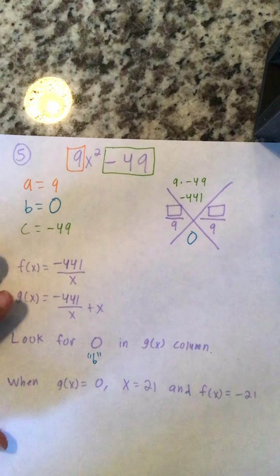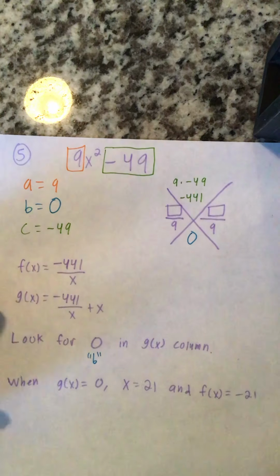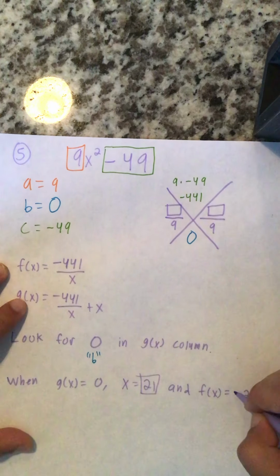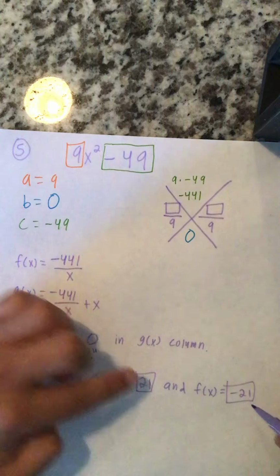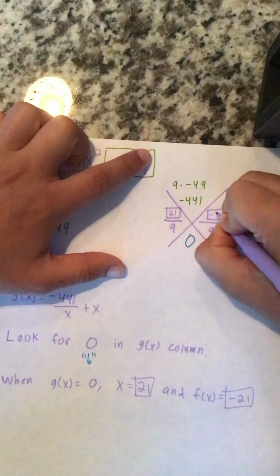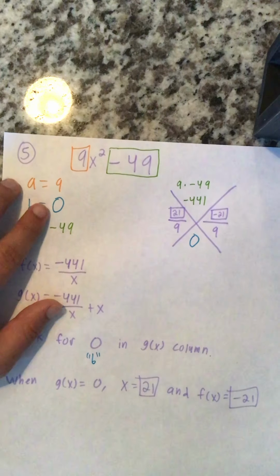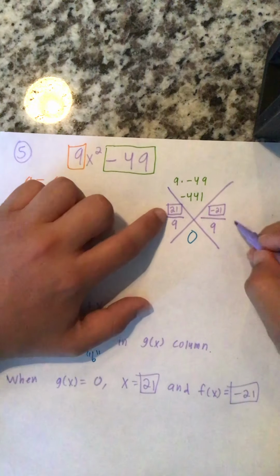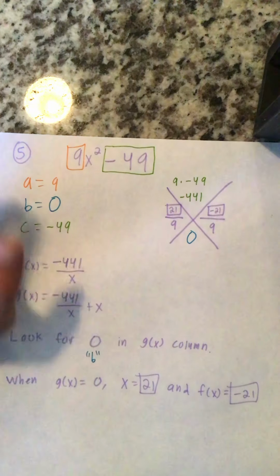Just like that, same thing. So I got these two answers, so put a box around that, put a box around that, and we bring these up here. So 21 over 9, negative 21 over 9. Now all we have to do is reduce these and we're done.